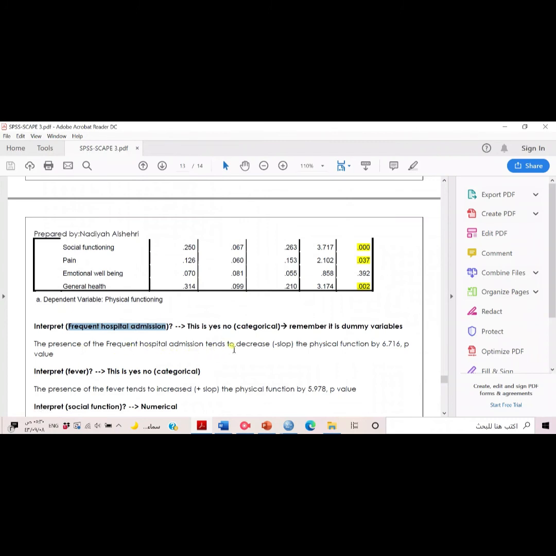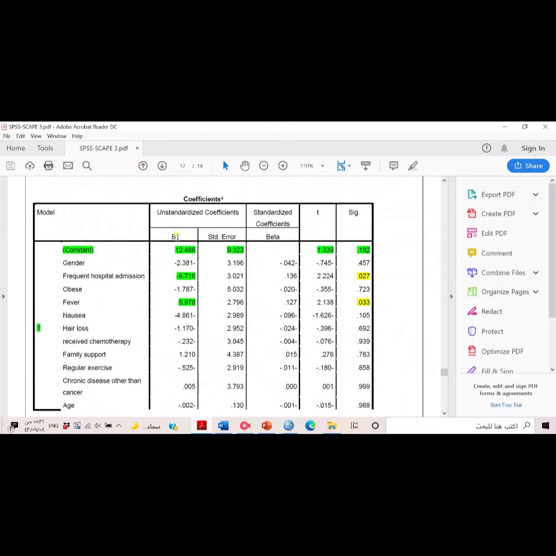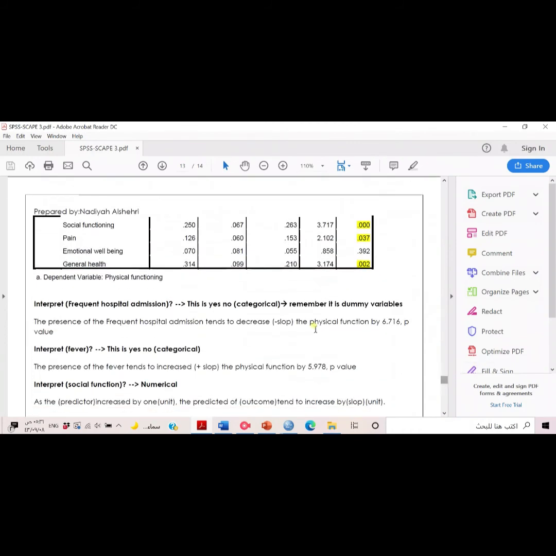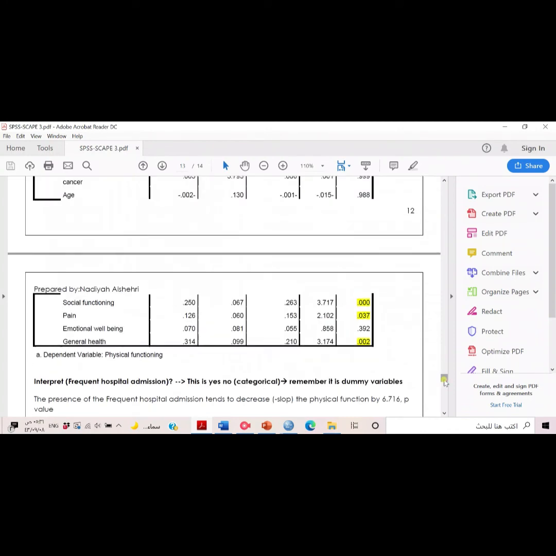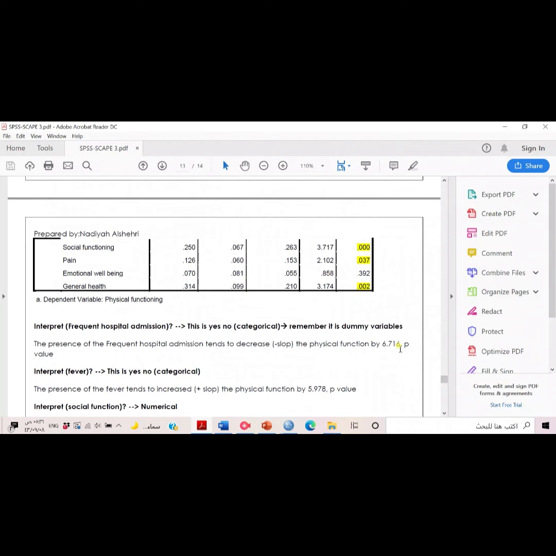I will say the presence of frequent hospital admission tends to decrease, and the reason why I said decrease is because here the slope was negative, tends to decrease the outcome, which here is the physical function, by 6.716, which is the value here.